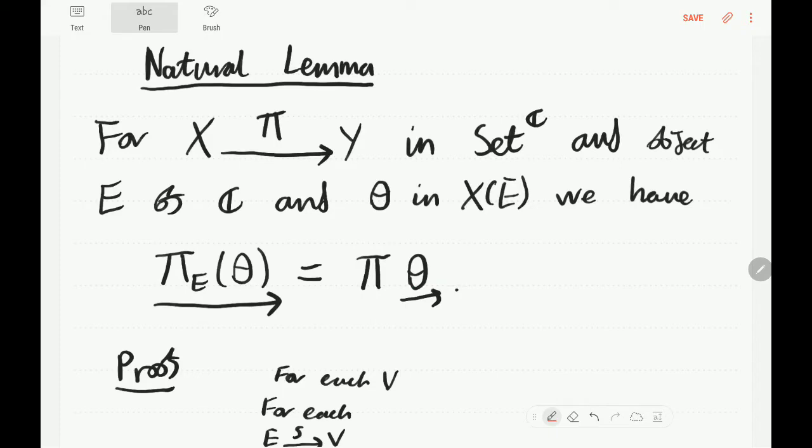Okay, so it's basically what I just explained, but in more algebraic and general terms.